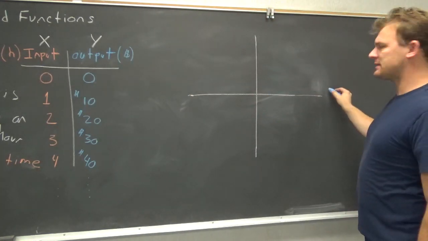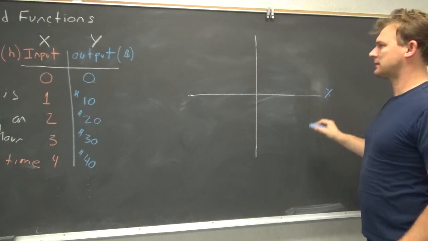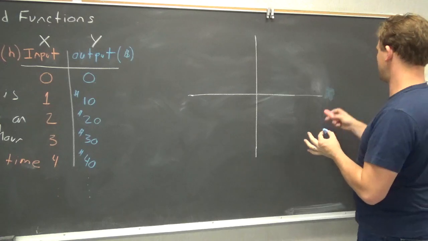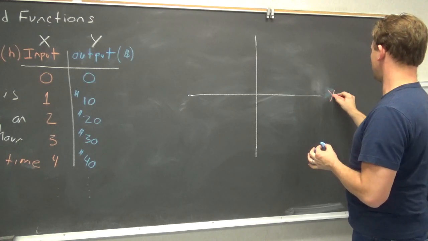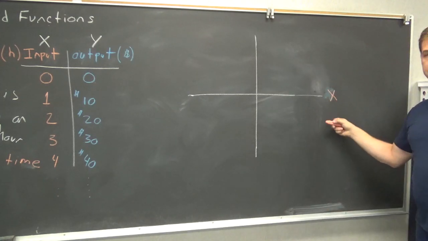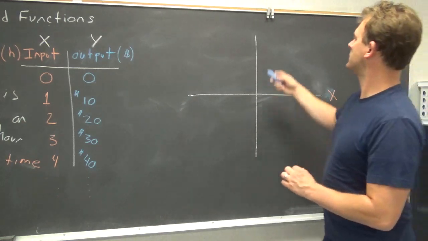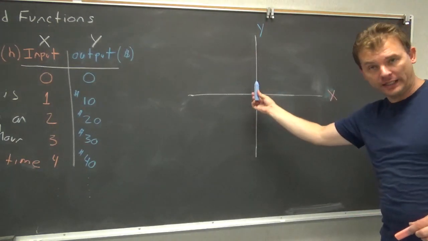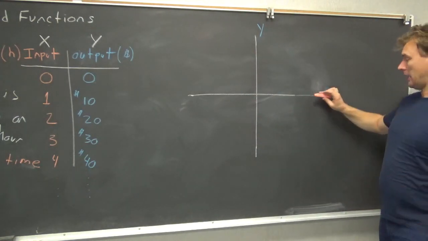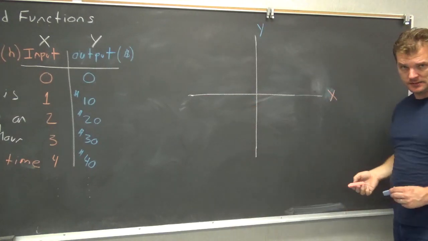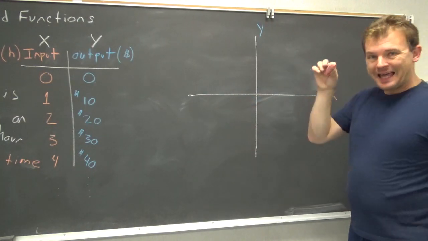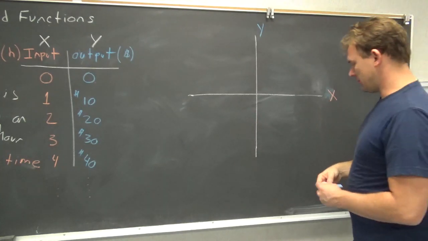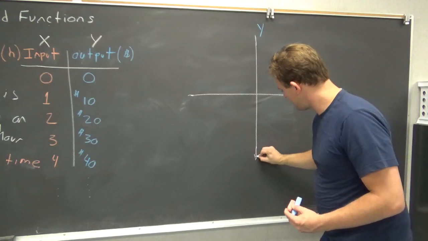Remember, this is going to be your x's, and this is going to be your y's. So your y-axis always, and your x-axis always. Remember, we always graph x comma y. These go on forever. Some teachers are kind of crazy about this.